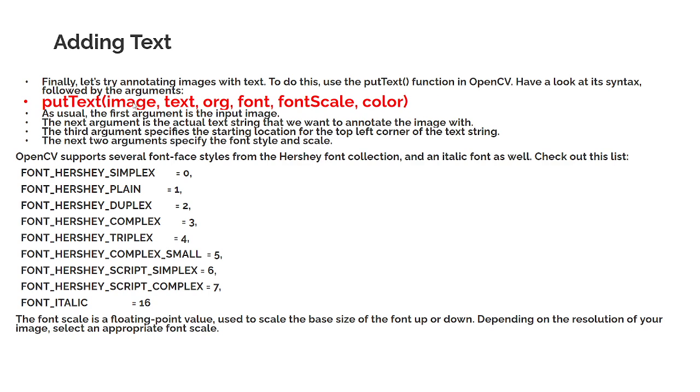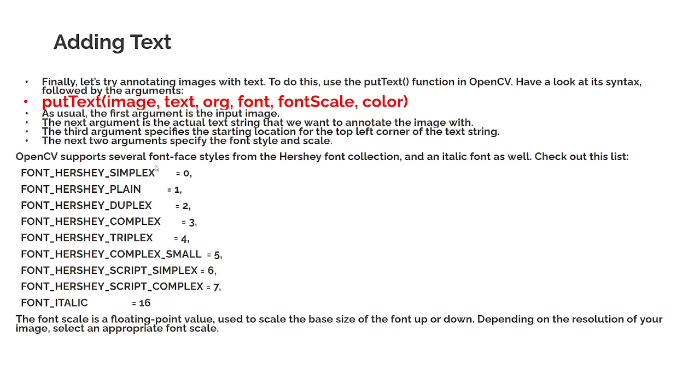You can access it, and through it you can write text on the image with origin, font, scale, and color. As usual, the first argument is your input image, the next argument is the actual text string that we want to annotate the image with, and the third argument specifies the start location of the top left corner of your text string, and the next arguments specify the font and scale.